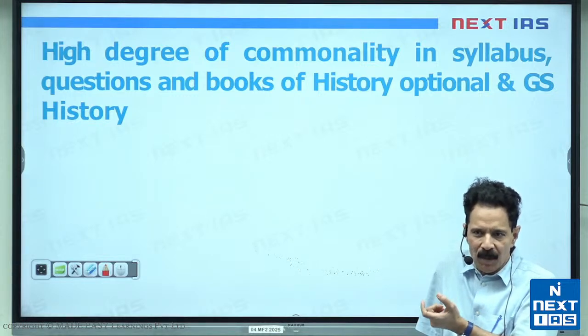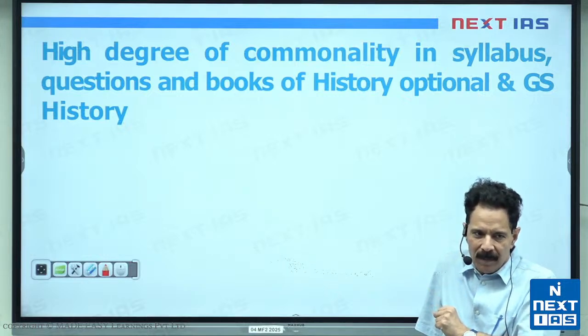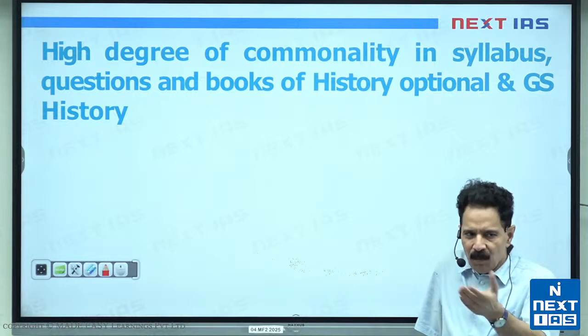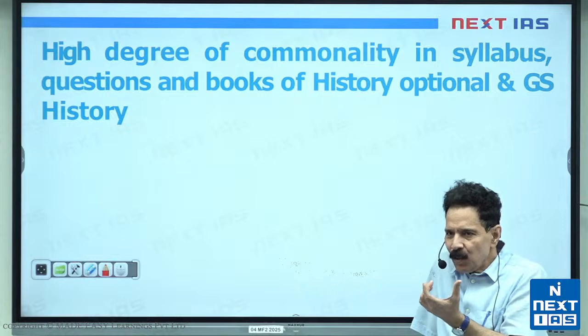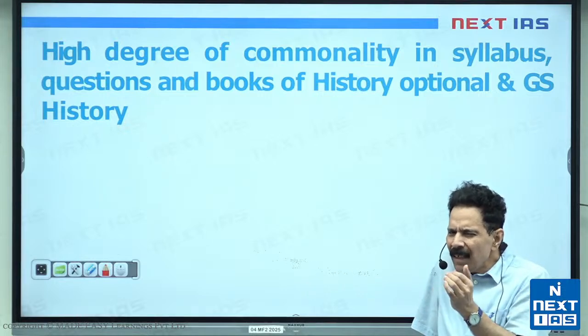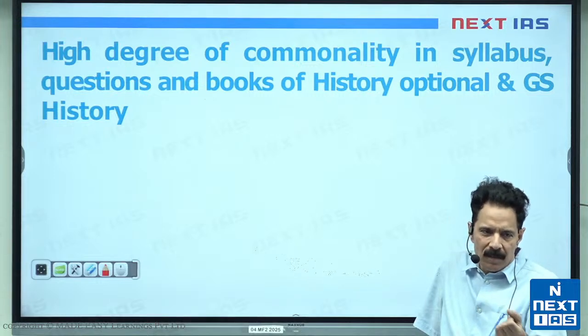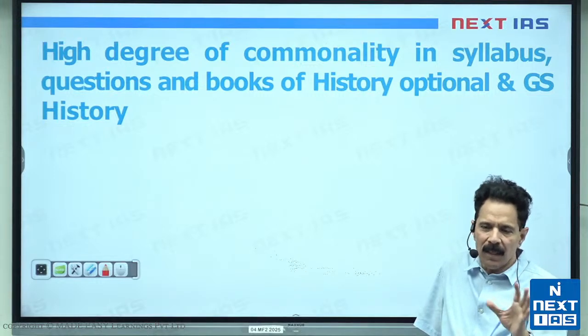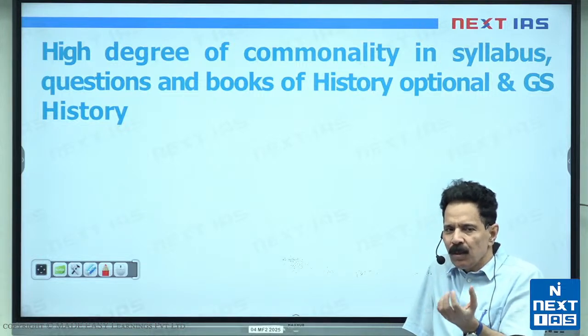I'm going to give you an example. I've given one example like Tagore. I will give you more examples. Second thing is, there are certain issues of slightly higher standard, so normally we don't expect that could be a question in GS. For example, suppose, do you think the French Revolution was a bourgeois revolution?